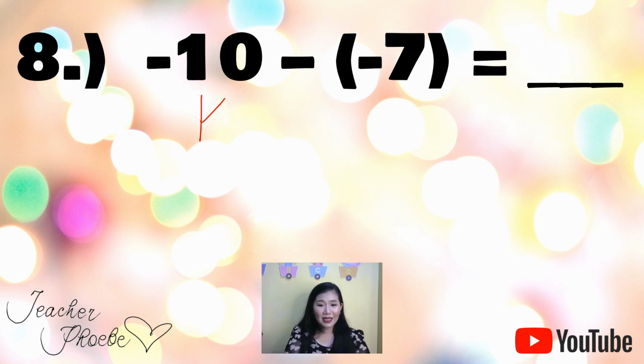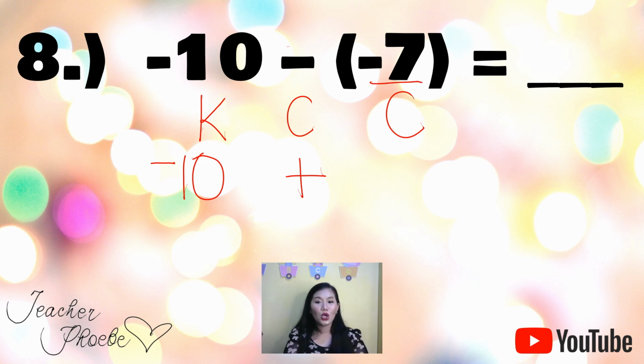Apply KCC. Keep, change, change. So, keep negative 10. So, ganun pa rin siya, negative 10. Change minus to plus. So, magiging plus to. And then, change negative 7 to positive. Magiging positive siya. So, magiging 7 na lang siya. Okay?